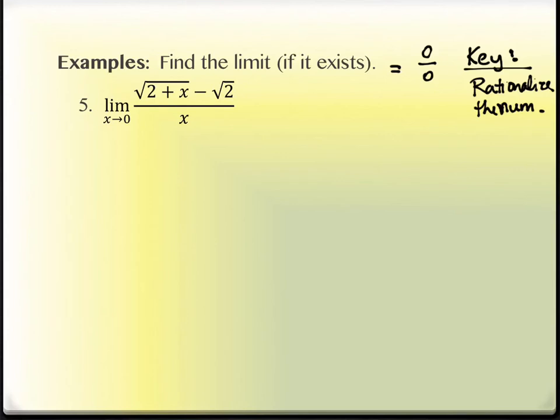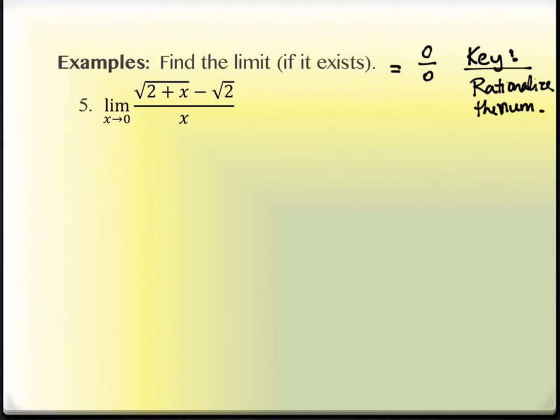So I talked to my algebra students just the other day too and told them I'm not a big fan of rationalizing because there's not a whole lot of applications of why it's super necessary. This is one of the places where it is necessary. If you don't know how to rationalize when you get to this point in a calculus class, you're stuck and there isn't anything else you can do, all right? So rationalizing has to do with trying to get rid of those radicals on top. And that might not seem like it's all that helpful to do, but it is.